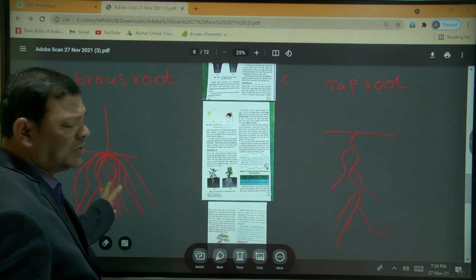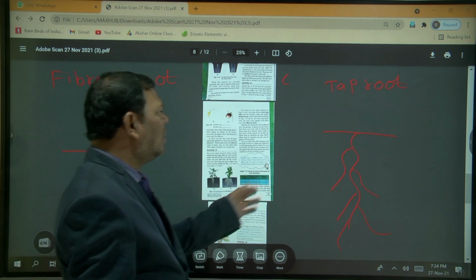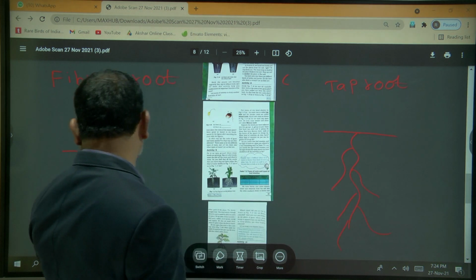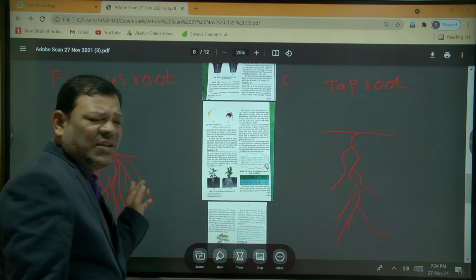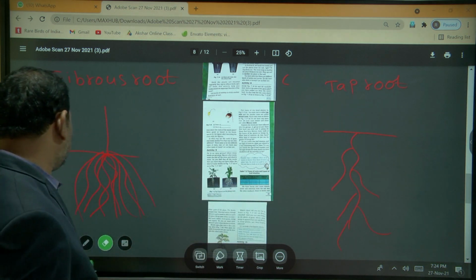Fibrous root system is the characteristic feature of monocots. Only dicots have the taproot system. This is the taproot system. This is the fibrous root system.